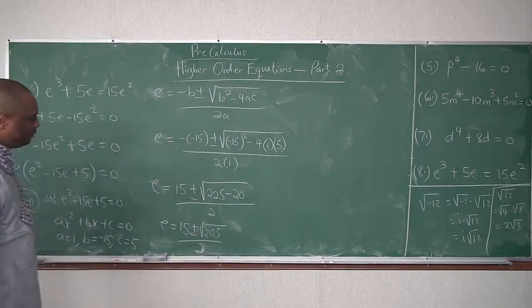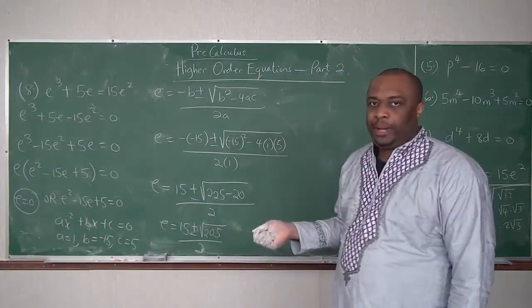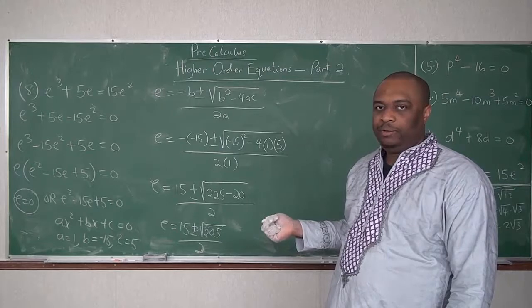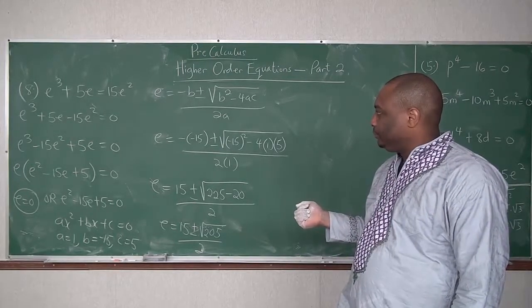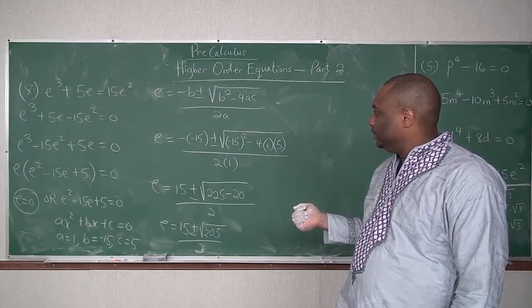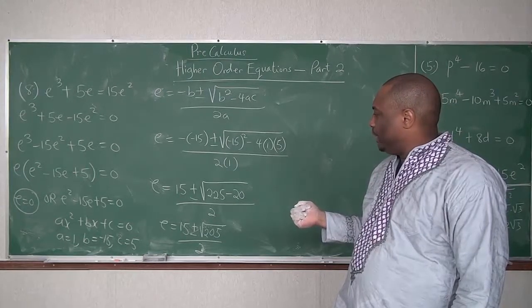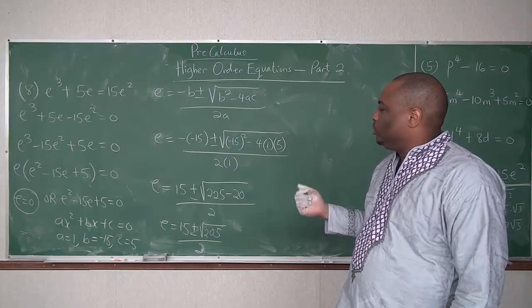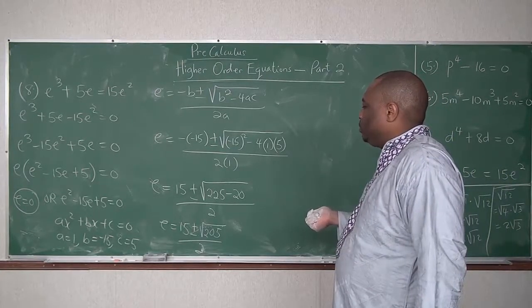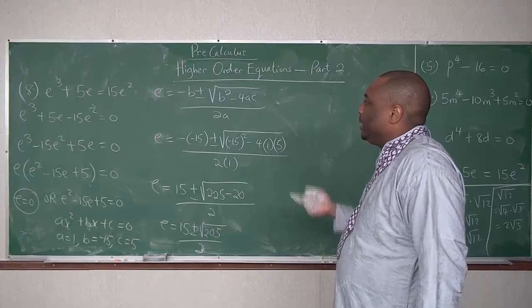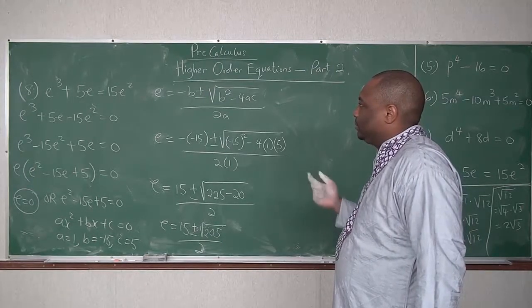Is there any perfect square for 205? Any perfect square? We don't have any perfect square here. So why don't we just use decimals here? Why don't we just use decimals here and then we'll check it with the decimals. How about it?